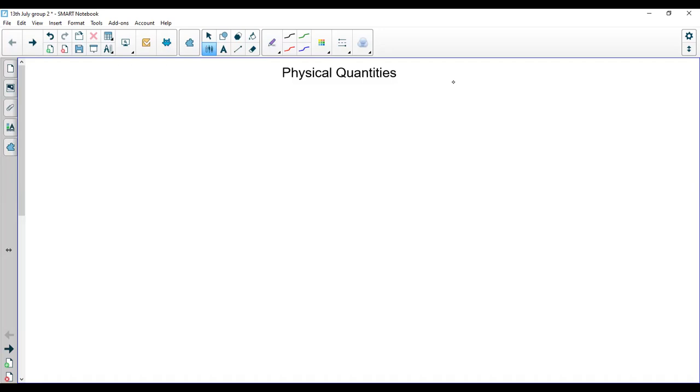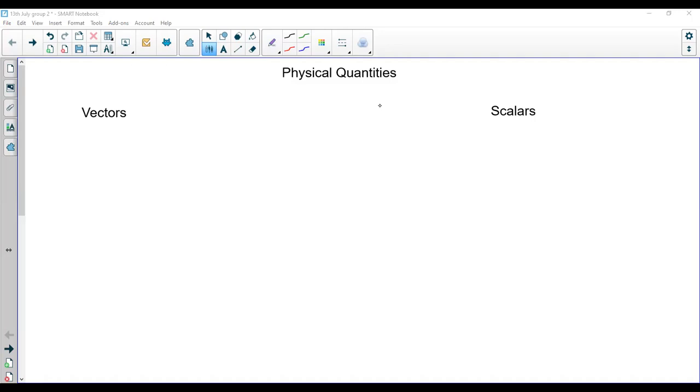So these physical quantities are mainly divided into two groups: vectors and scalars. Do you have an idea what are vectors and what are scalars? Write in the chat. That's right, Fatma.